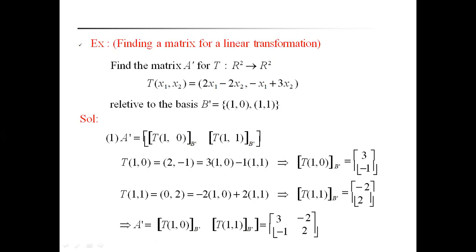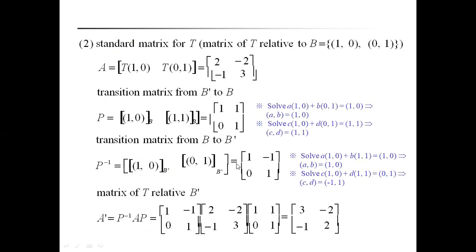This is the way to find the matrix of the linear transformation. We are using the standard matrix of T relative to the basis B equal to {(1, 0), (0, 1)}. Simply we can write A is equal to [T of (1, 0), T of (0, 1)].